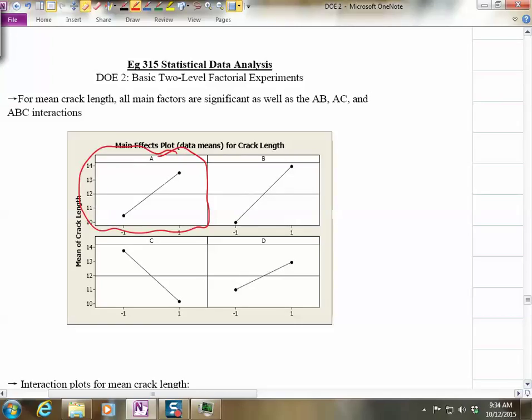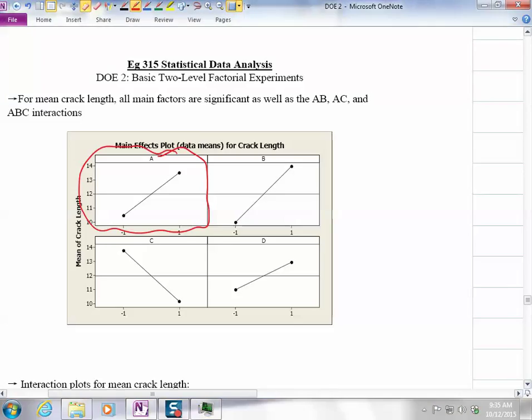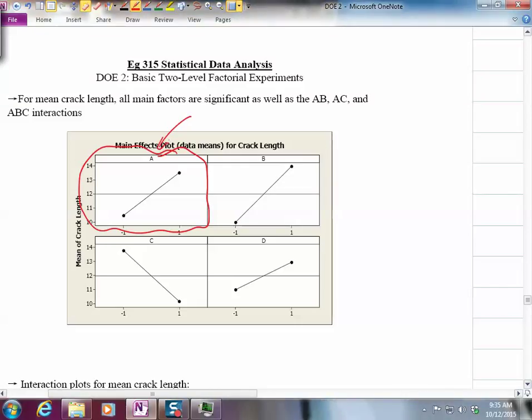Yes or no? I see a no. Why not? Right, there's a significant interaction that involves A. So even though we can make this plot and it's valid, it doesn't really communicate everything that's happening with A. So we wouldn't explain that main effect plot.